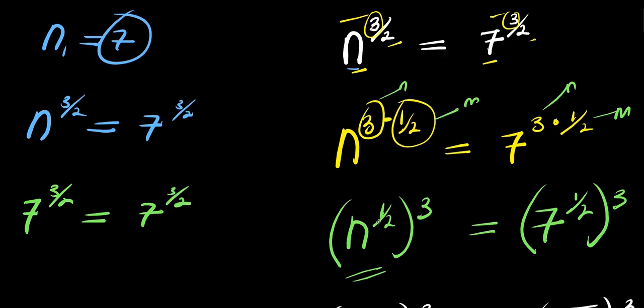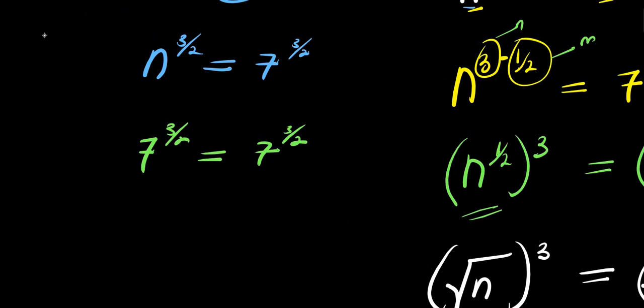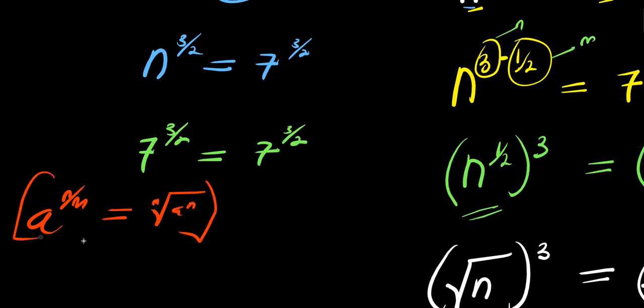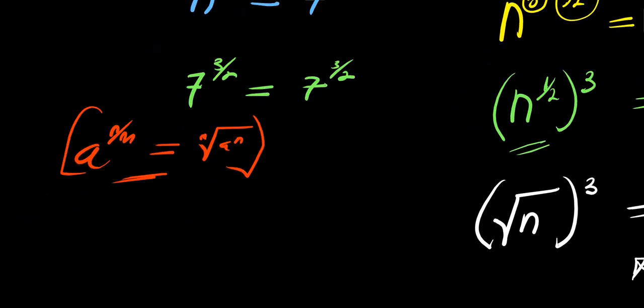So, remember this identity: if you have a power n over m, this equals the mth root of a power n. Applying that identity here, you easily have the square root of 7 power 3 equals the square root of 7 power 3.